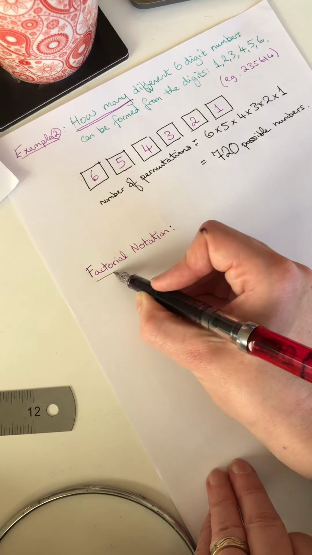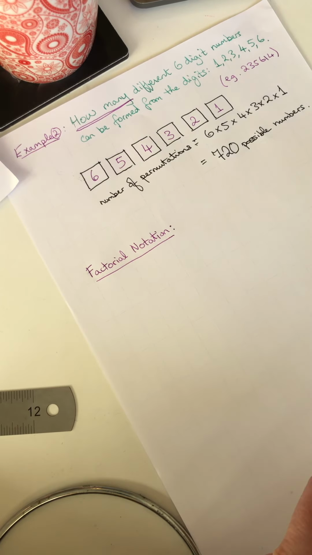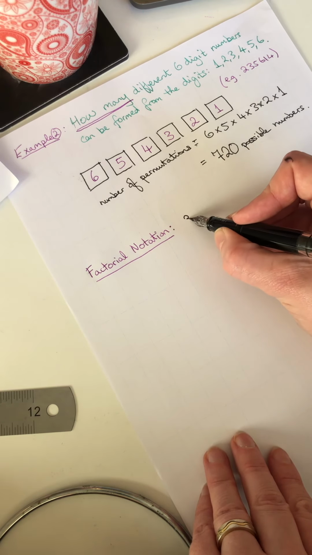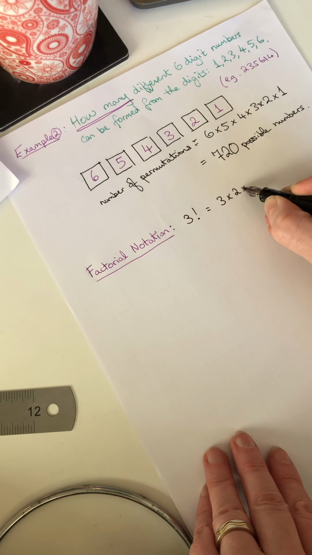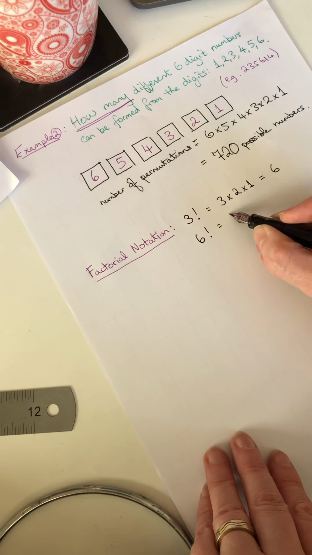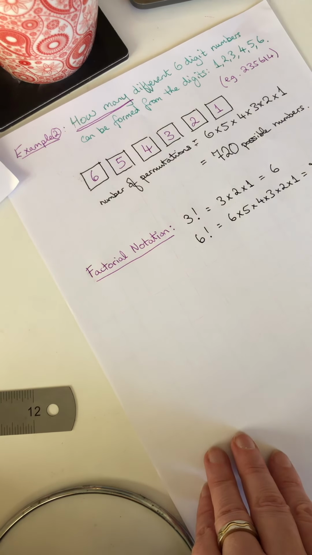So some of you will already know this from junior cert, and I call them the most exciting numbers in the world. So for example, 3 factorial means 3 multiplied by every positive integer smaller than it. 6 factorial means 6 multiplied by every positive integer less than it. That works out to be 720.